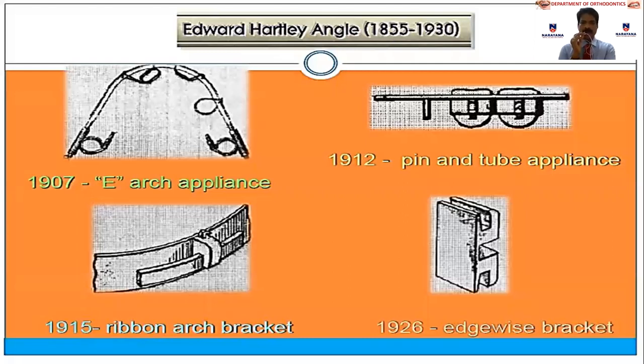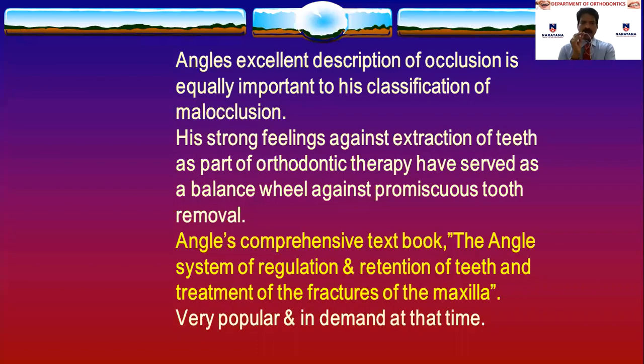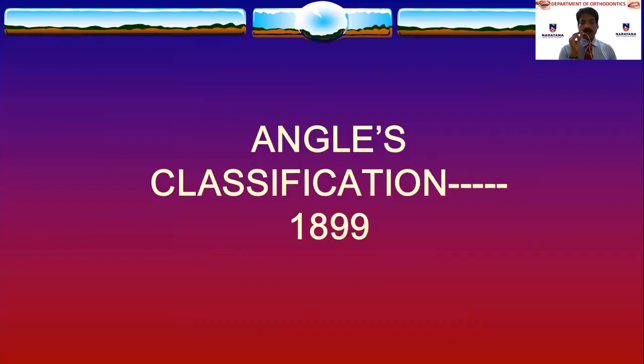After these contributions he has given the most important landmark, the Angle's classification. He gave Angle's classification in 1899. This is very, very important. Even today there are a lot of classifications.